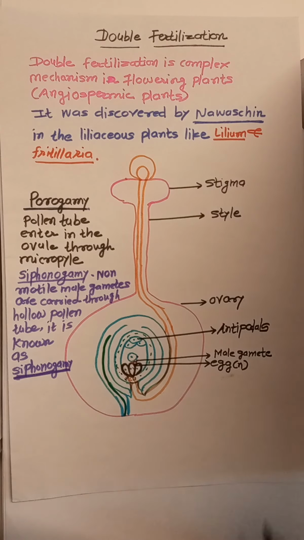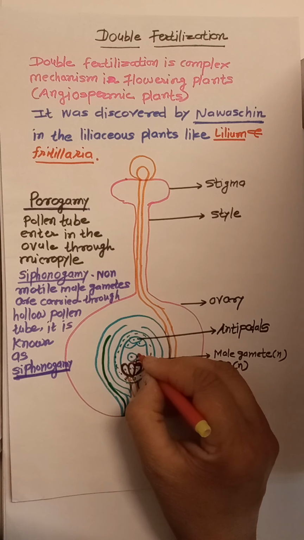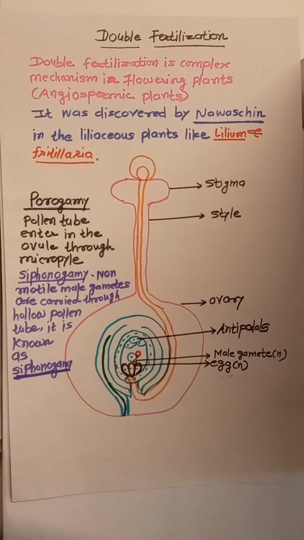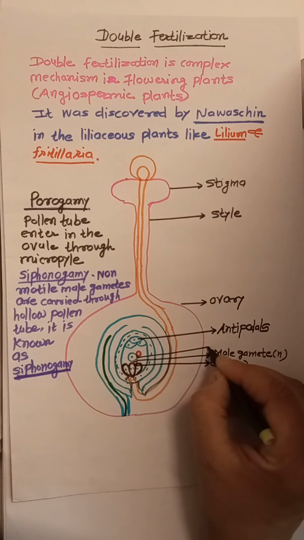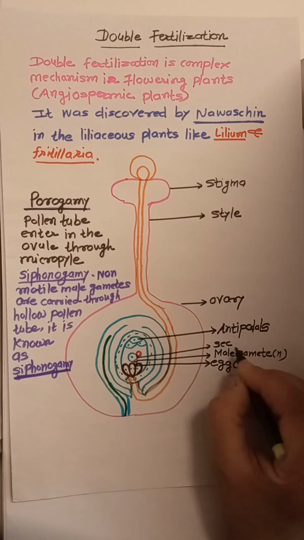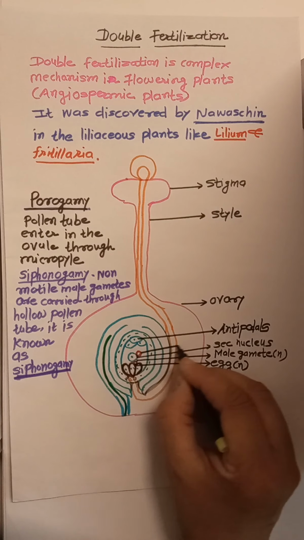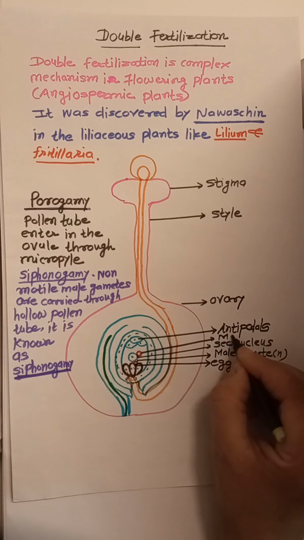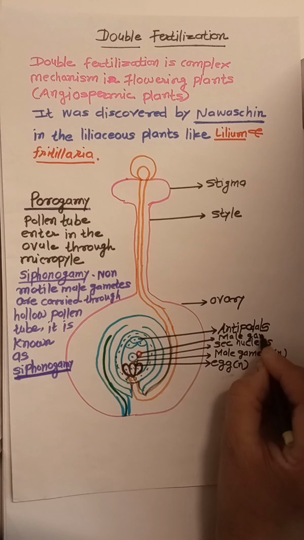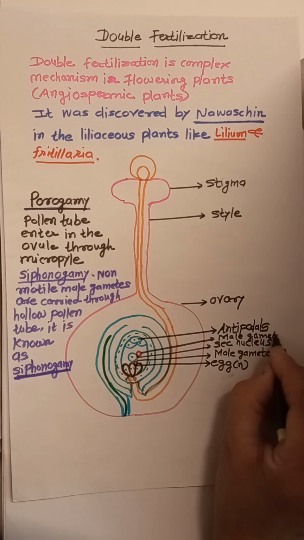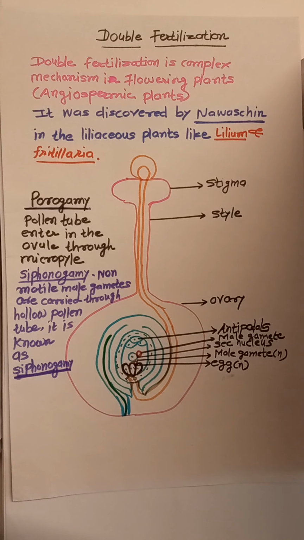Male gamete is also haploid. Another male gamete fuses with secondary nucleus. This is secondary nucleus, and this is another male gamete. So this is our diagram.